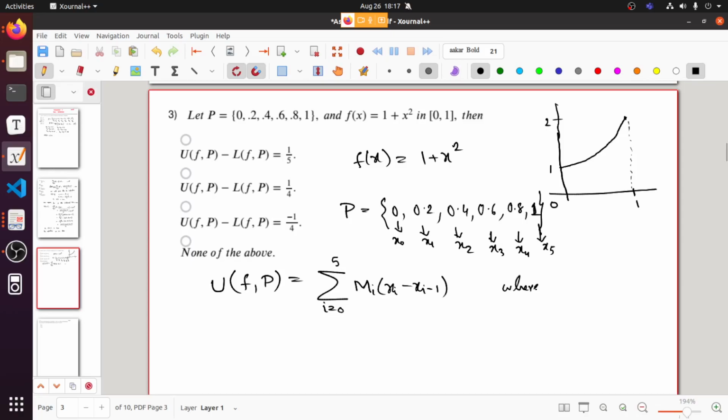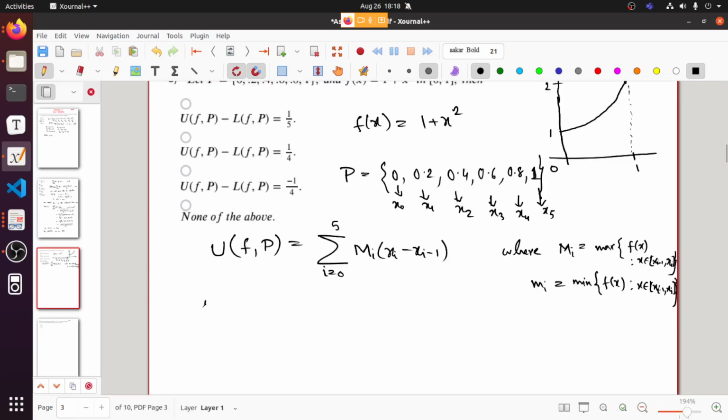Here mi is equal to the maximum of f of x for x belonging to the interval xi minus 1 to xi. So in this interval, whatever the maximum is, we call it mi. And the minimum of f of x in this interval for x belonging to xi minus 1 to xi, we call the small mi.